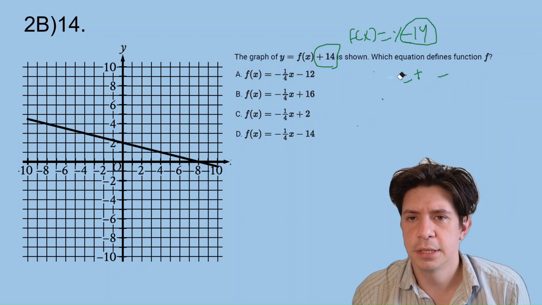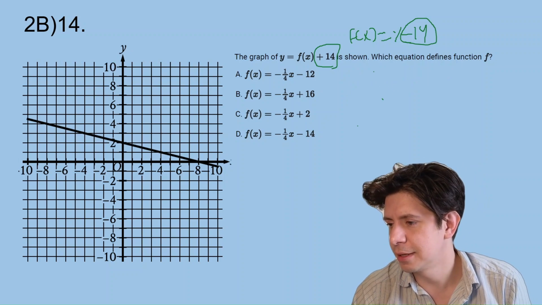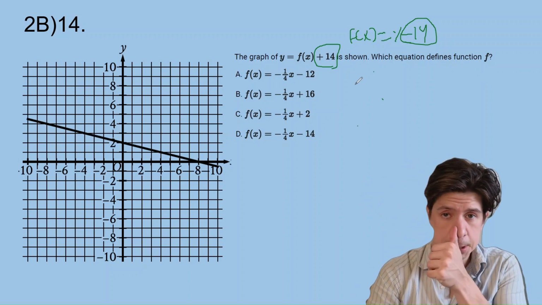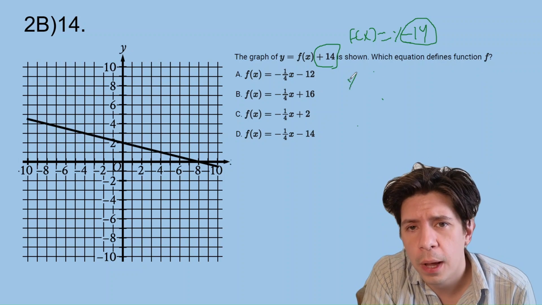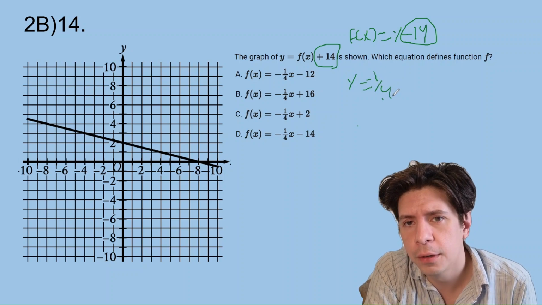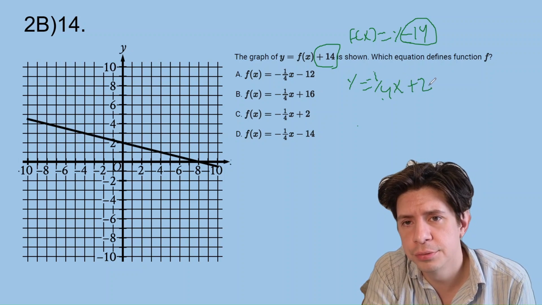So the equation here is y equals negative a quarter x, which we don't even have to really calculate because we see every answer choice has that anyway. They gave that to us. So we're going to have y equals negative 1 quarter x plus 2.